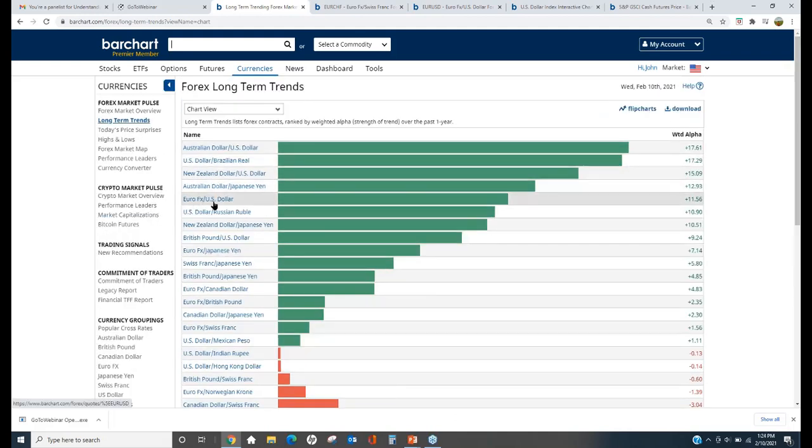One of the ones I want to look at right off the bat is the Euro FX versus the US dollar, because a lot of the headlines we've been hearing are about US dollar market manipulations in terms of fiscal stimulus. But also today the ECB, the European lawmakers, got together and said they're going to create a stimulus program as well.